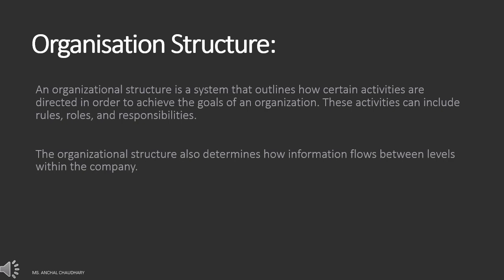Basically, organizational structure is something like you are deciding everything beforehand, that who is going to perform which task and how they are going to perform it and what exactly they require to perform it and to whom they are going to report for completion of such task and who will be the responsible person for a specific task. So each and everything is decided and predetermined in organization structure.